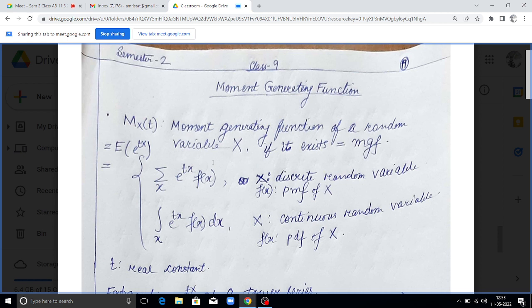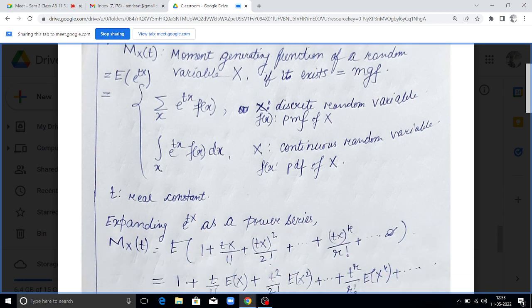That is why it is called the probability density function for a continuous random variable. I think I have made you clear about the concept of expectation, random variable, discrete and continuous. Now t is a real constant.